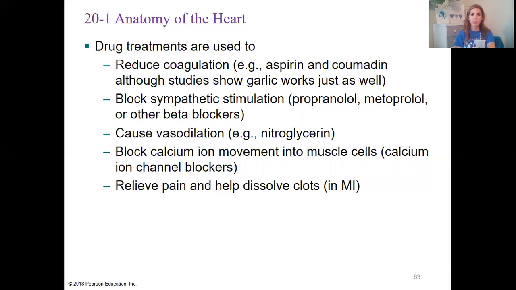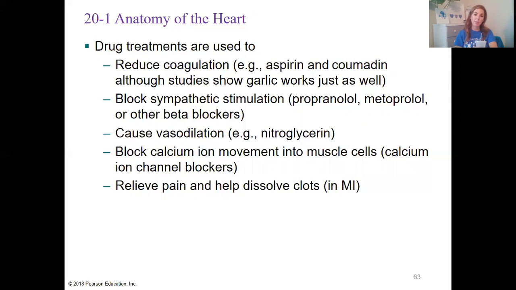Obviously, Coumadin is prescription. A lot of times people take baby aspirin on their own. If I can get people to switch over from baby aspirin and start doing garlic every single day, then it actually helps them in more than one way, not just their circulatory system, but also digestive system and immune system. And aspirin just is not going to provide all of those benefits. So you can look into that.